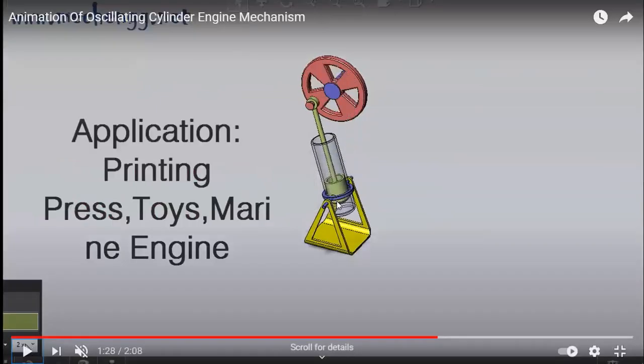So this oscillating cylinder engine mechanism is used in the printing process. So generally they are used in the printing process, making of toys and marine engines.